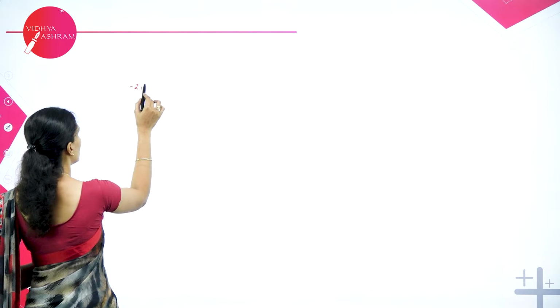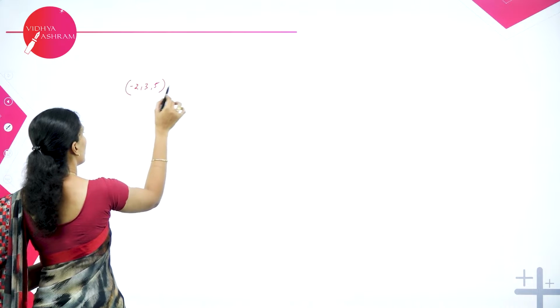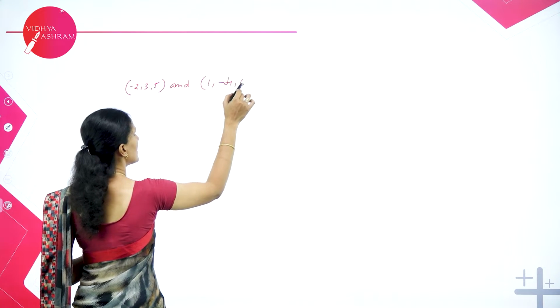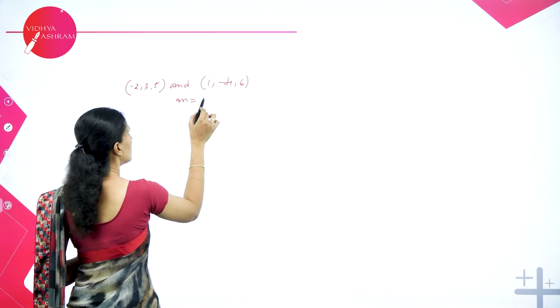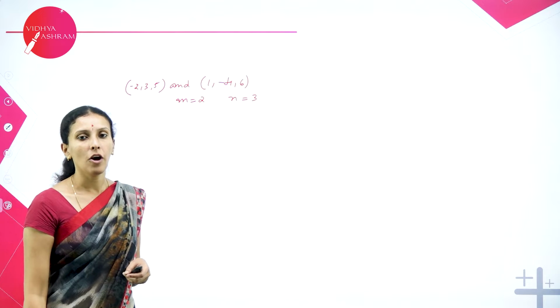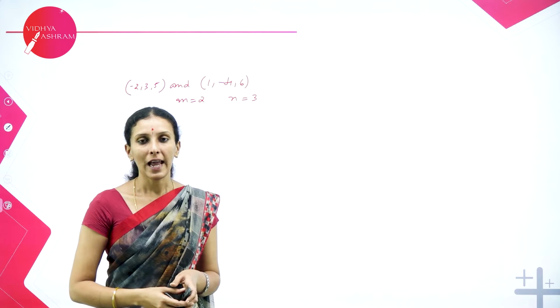Now let's look at the same condition for the external form. The points given are (-2, 3, 5) and (1, -4, 6). m is 2, n is 3. Now let us write the section formula of a point when it divides the line externally.